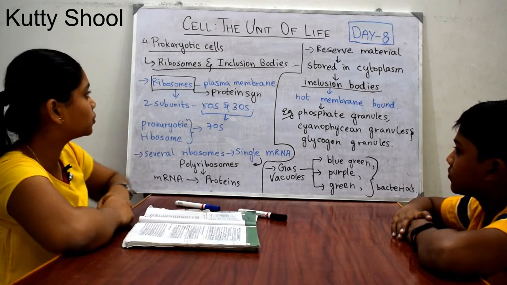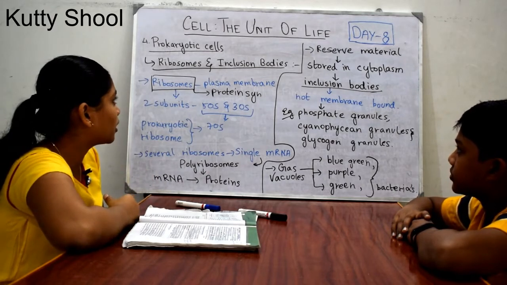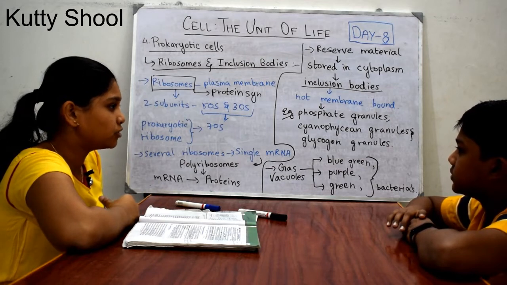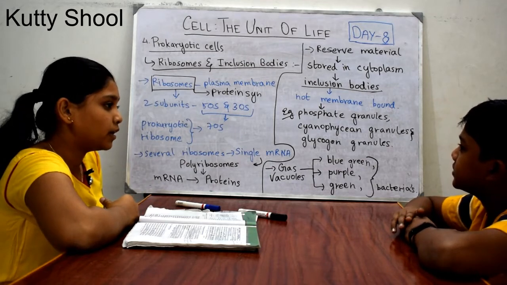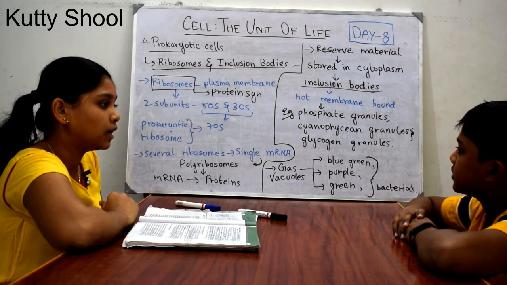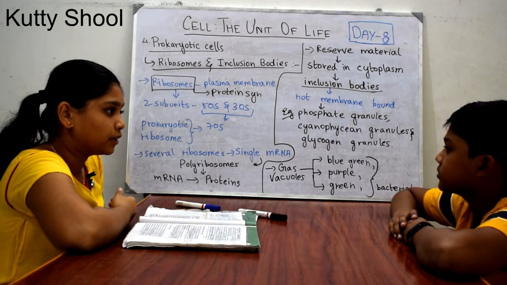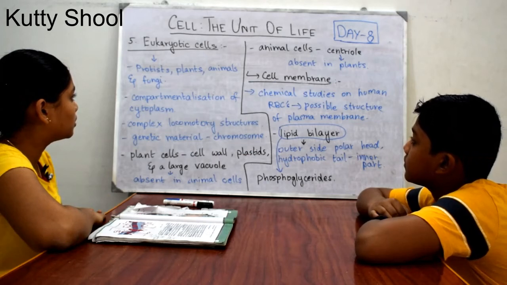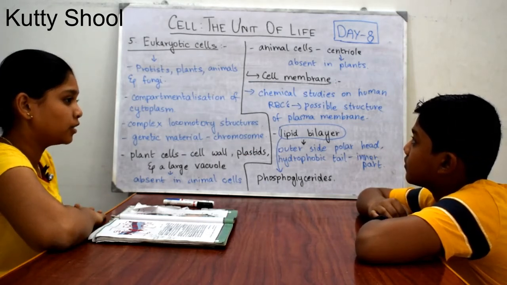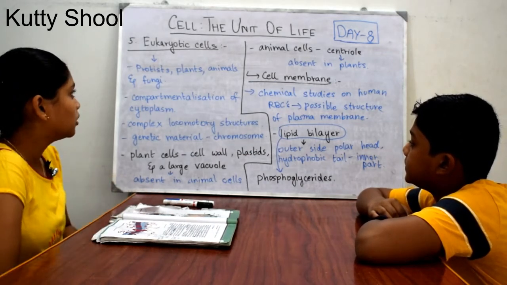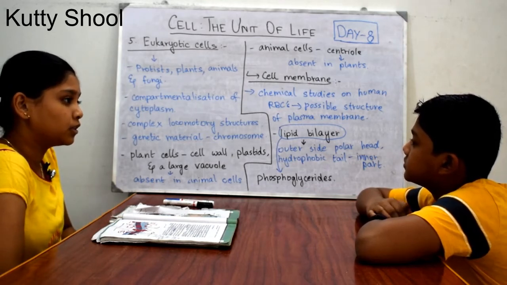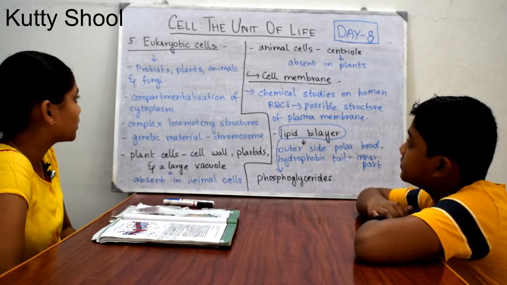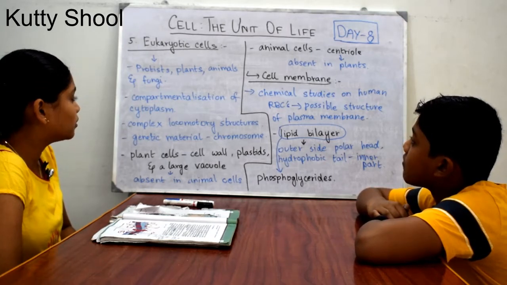We have discussed two subtopics under prokaryotic cells, which were the cell envelope and its modifications, and ribosomes and inclusion bodies. Next we will see eukaryotic cells. Eukaryotic cells, as we know, generally have a membrane-bound nucleus.